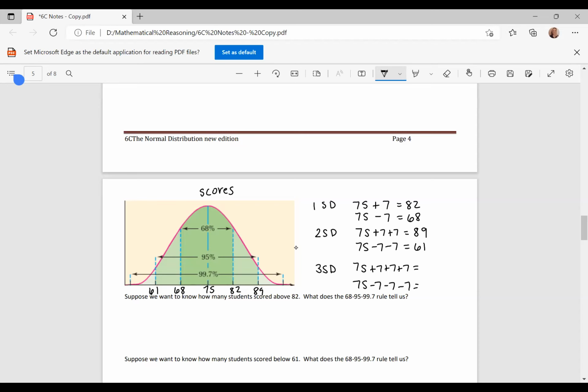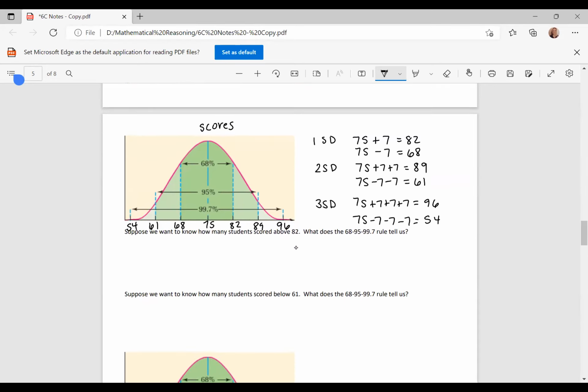You're welcome to do that if you would like. 75 plus 3 sevens is going to be 96, and 75 minus 3 sevens is going to be 54. So 54 and 96. So 99.7% of the students who took this test scored between a 54 and a 96.